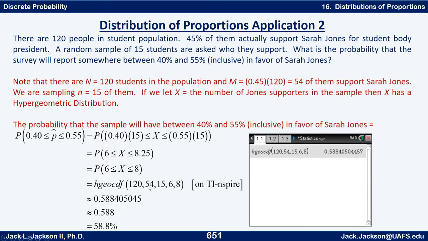Population size 120, number of successes in the population 54, sample size 15, lower bound on x is 6, upper bound on x is 8. X is the number of successes in the sample. And you work out that probability. So the probability that x is between 6 and 8 is 58.4%. That's exactly the same probability as the probability that p hat is between 40% and 55%.